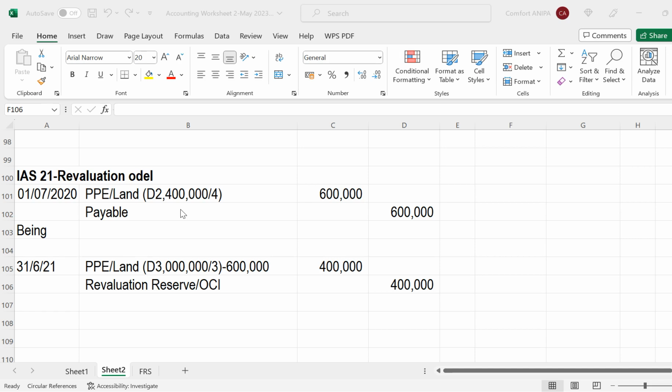Now, because the land is fair valued, we determine the value of the revalued amount in Ghana cedi, the functional currency, and the rate there is 3. And so when we divide 3 million by 3, we get 1 million. Deduct it from the transaction date value of 600,000, we have 400,000 as our revaluation and exchange gain.